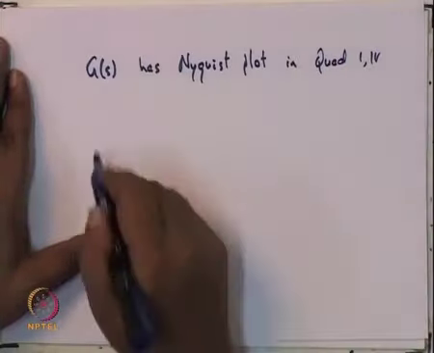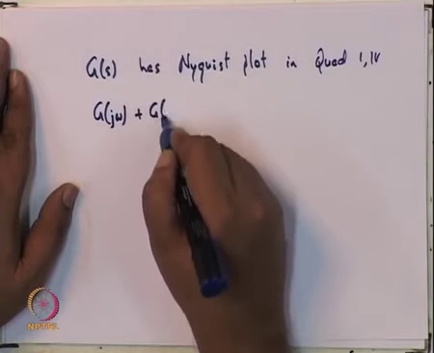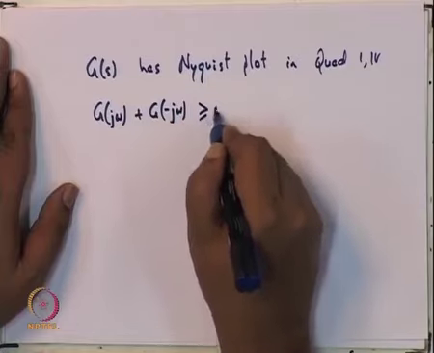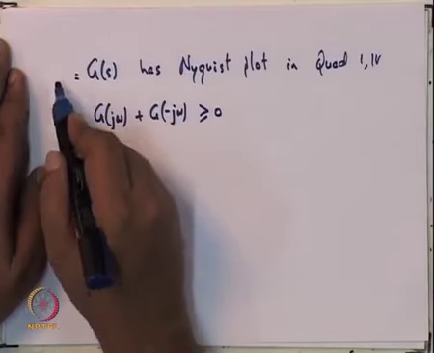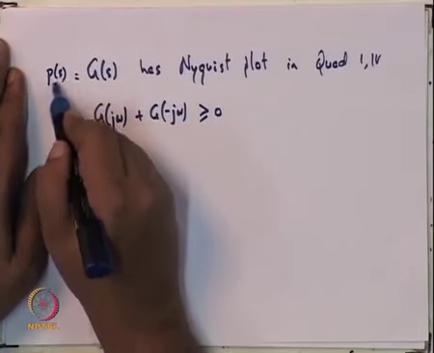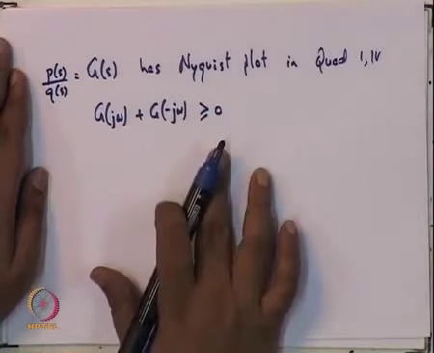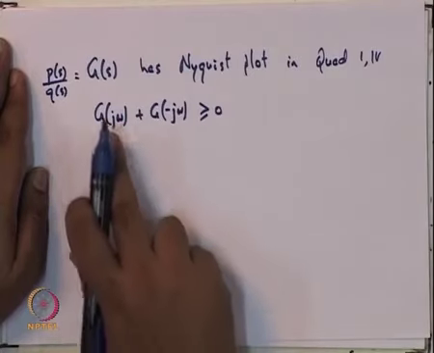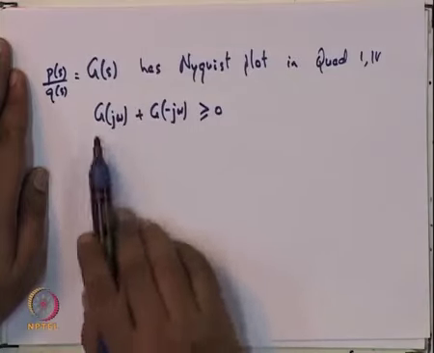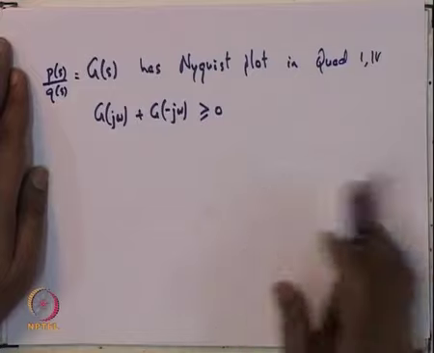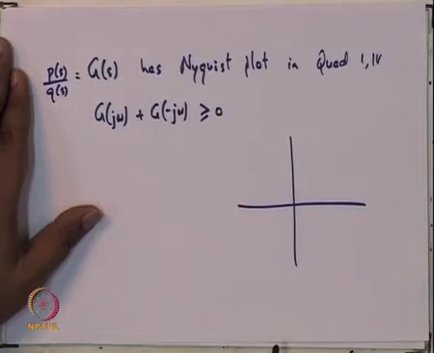Okay. This is the same as saying G of j omega plus G of minus j omega is greater than or equal to 0. Mind you, in this particular case, I am thinking of G(s) as a single input, single output case, so it is some polynomial divided by some other polynomial. And so this one is greater than or equal to 0. That means when you evaluate the transfer function along the imaginary axis, the image of the imaginary axis lies in the right half of the complex plane.